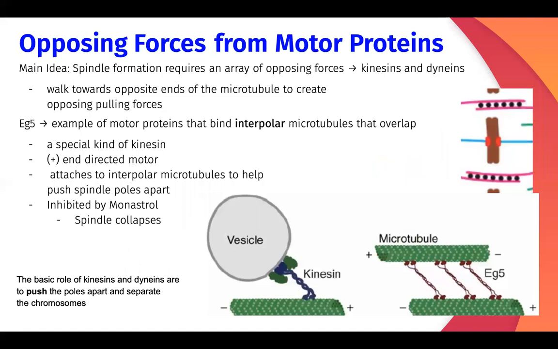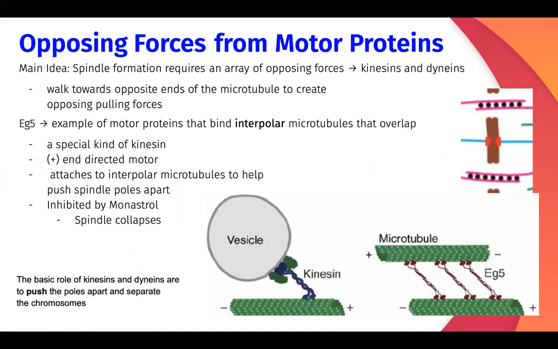So, opposing forces from the motor proteins: our main idea here is that spindle formation requires different opposing forces from kinesins and dyneins. They walk towards opposite ends of the microtubule to create opposing pulling forces. EG5 is an example of a motor protein that binds interpolar microtubules that overlap.